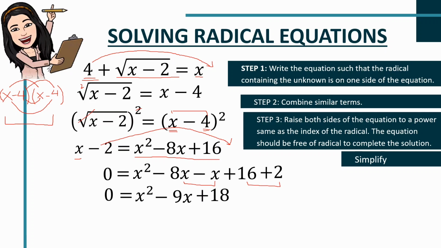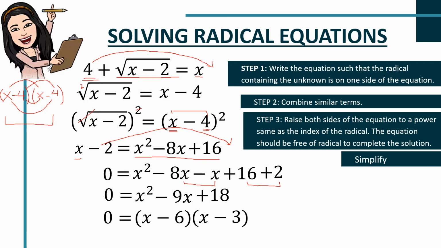We have, pwede tayong mag-factoring, extracting, completing, and quadratic formula. It's up to you kung alin ang ating gagamitin. So this time, as for me, I will use factoring. In factoring, ang factors po ng x squared minus 9x plus 18 or x minus 6 times x minus 3. Yan po yung factors niya.